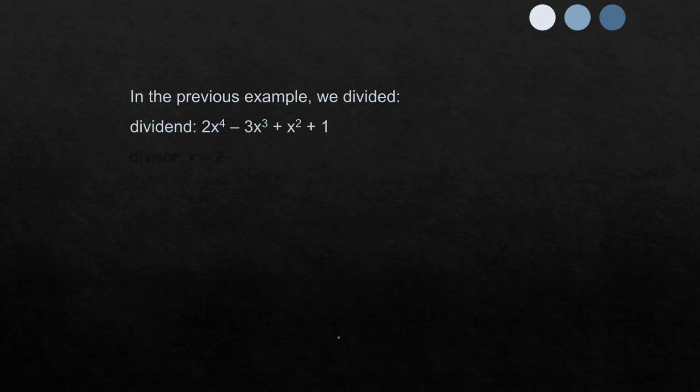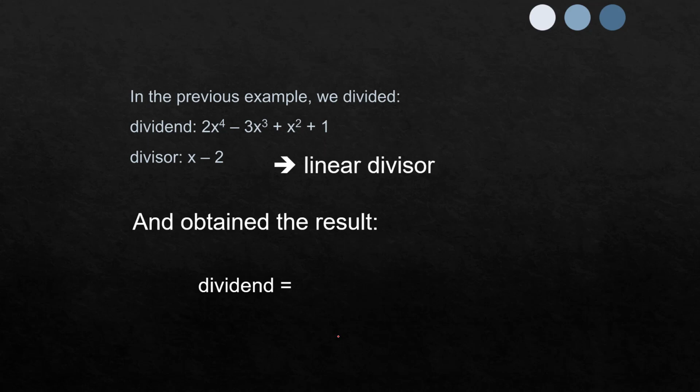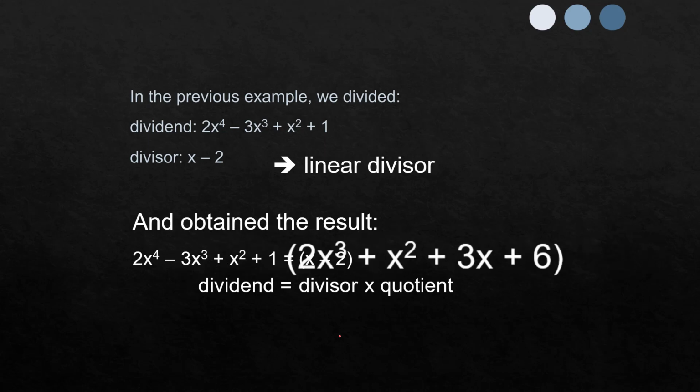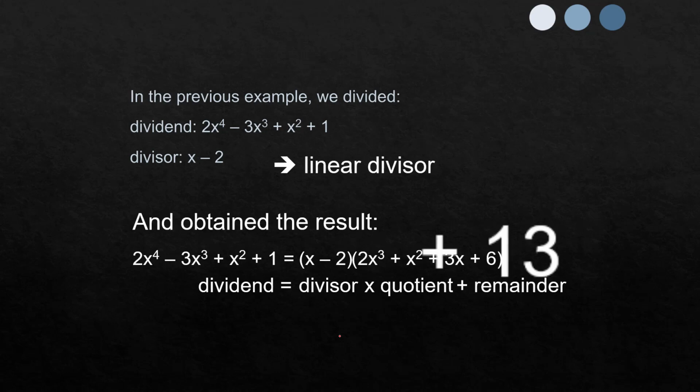First of all, we will do the identity. For example, if the dividend is 2x^4 - 3x^3 + x^2 + 1, the divisor is x - 2, and this is a linear divisor. When you make the identity, the dividend is the divisor multiplied by the quotient, added with the remainder.